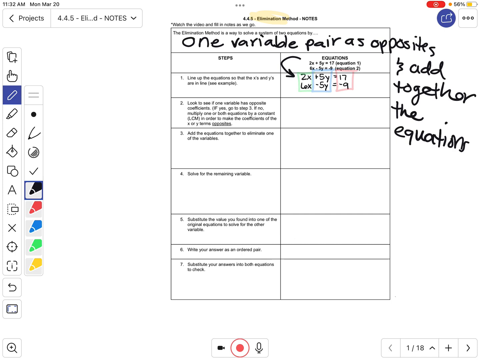When we get to the practice problems, I'll show you what to do if they're not already in the correct order, but you know how to rearrange by this point. So whenever we rearrange, we have rearranged into y equals mx plus b. We can rearrange into whatever we want as long as we follow our math rules. So step 1 is done. We've got the correct order.